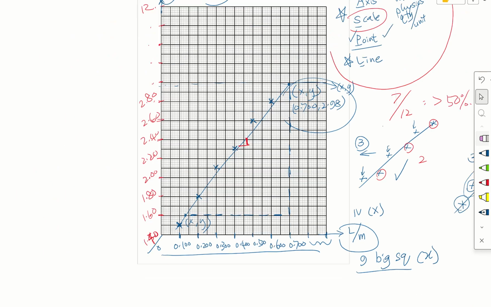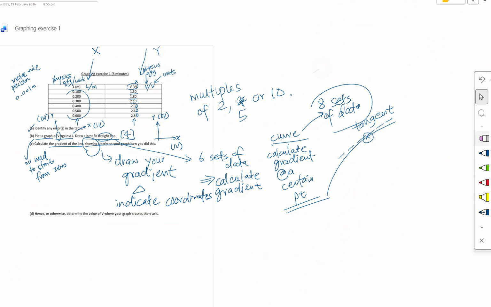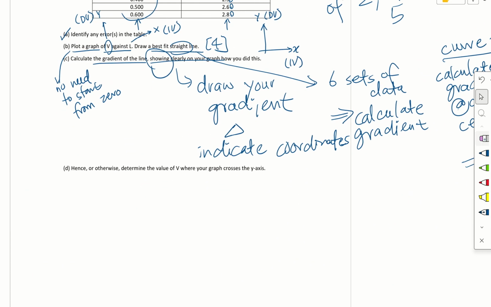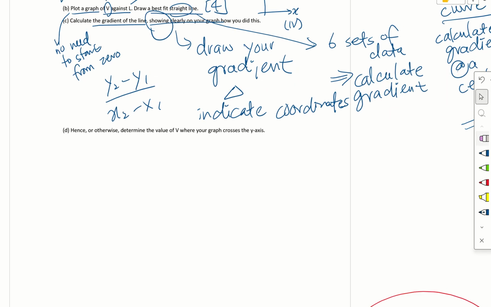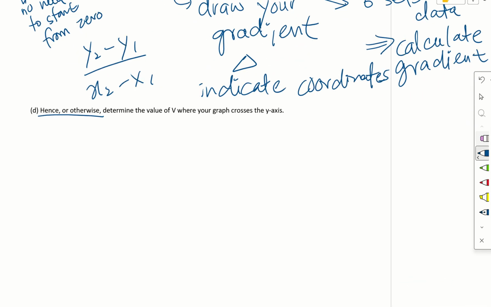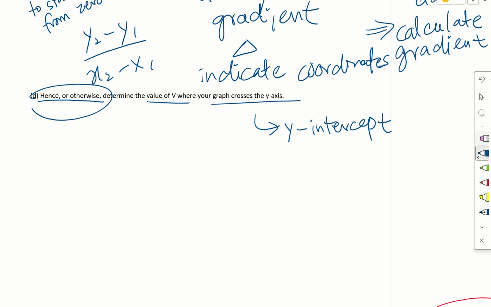Then once you have your gradient coordinates, you can do your y2 minus y1 over x2 minus x1. Now they say, hence or otherwise determine the value of v where your graph crosses the y-axis. So basically this is asking you for the y-intercept. So why do they say hence or otherwise?